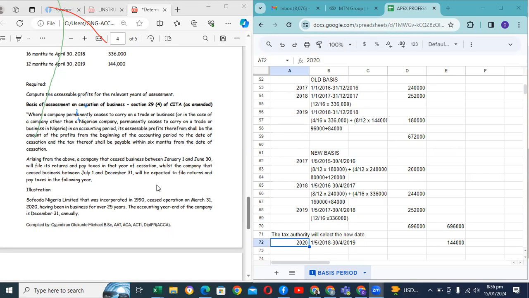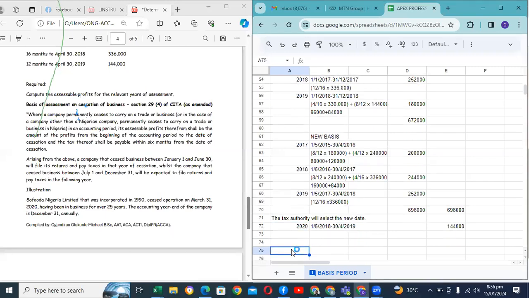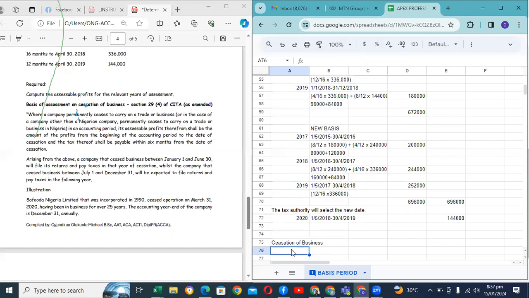Now, the idea here is that we are focusing on 2 years. The first year is referred to as the penultimate year. Penultimate year is the year before the company ceases operation.